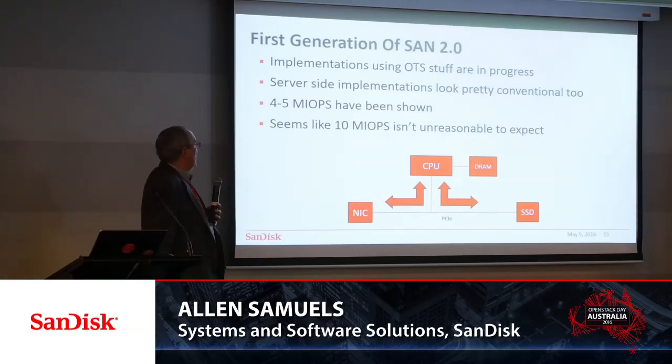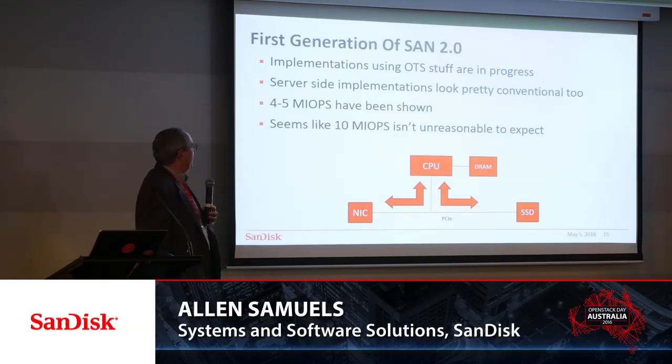So what's that going to look like? Well, the first generation of the next, we'll build it with off-the-shelf stuff. That's what we always do in the industry. Take the old server, slap some SSDs and a NIC into it, write some software, and you've got a product. I'm aware of several startups that are bringing these kinds of products to market.